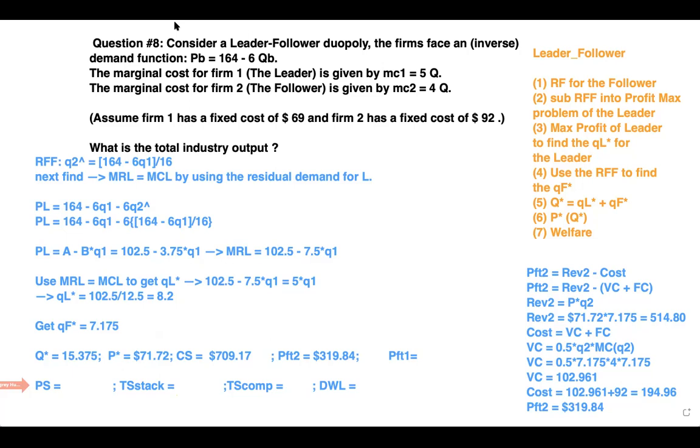I've got these two marginal cost functions. I've got to invert them, add them, invert them again to get the joint marginal cost. Then I label that supply, and then I can find the competitive equilibrium, and go from there.